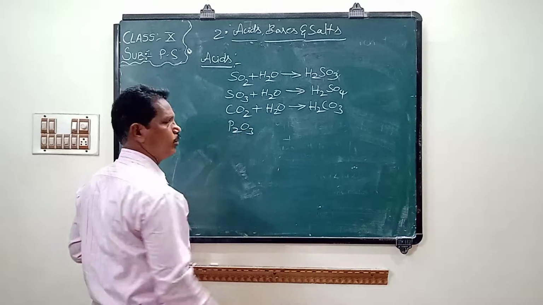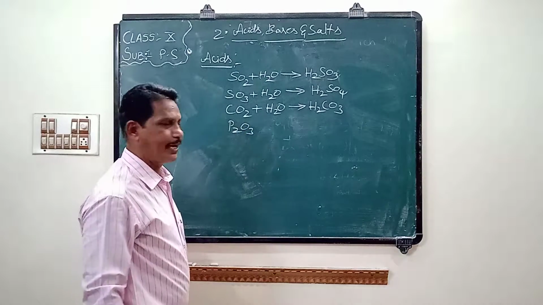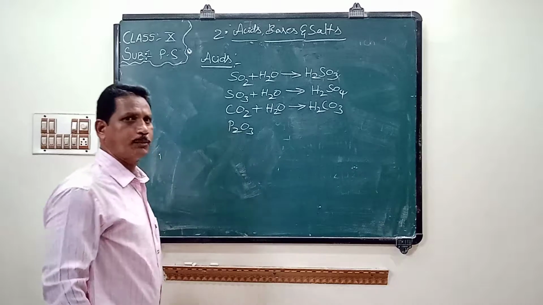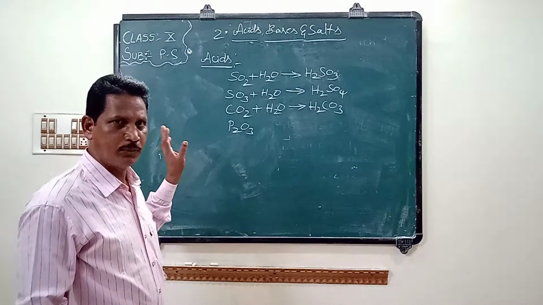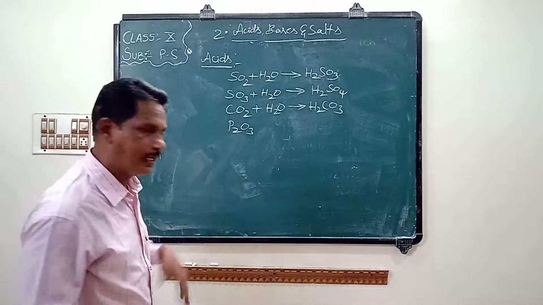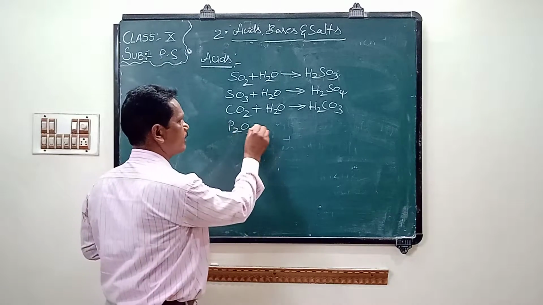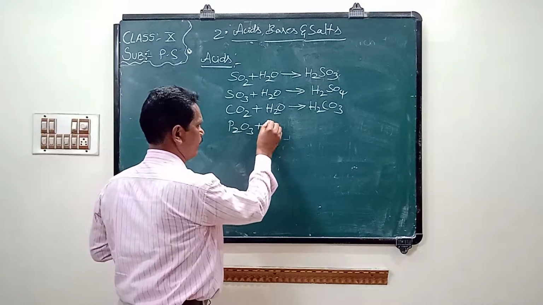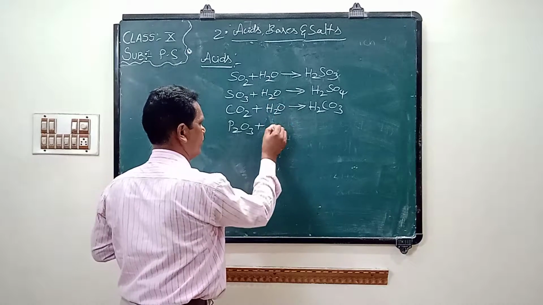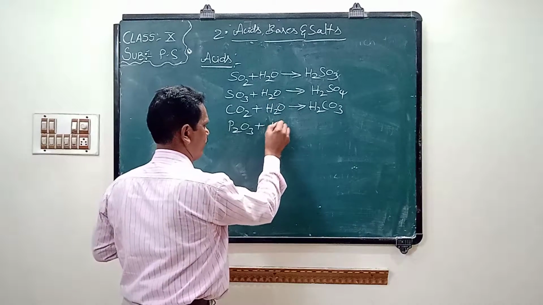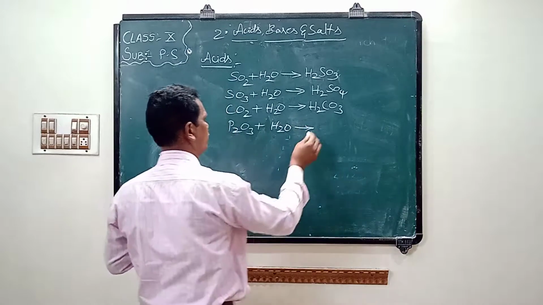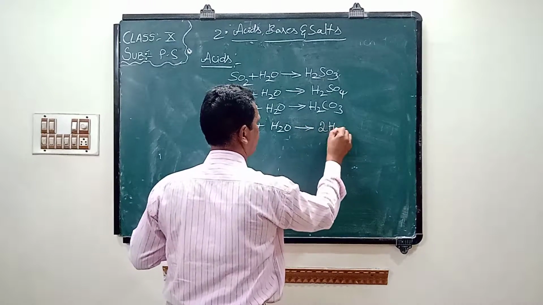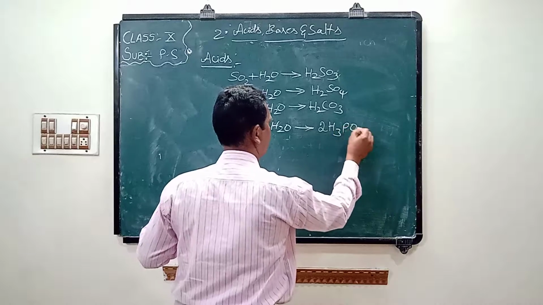P2O3, phosphorus trioxide. Here phosphorus is a non-metal. It reacts with oxygen to form a non-metallic oxide. This non-metallic oxide dissolved in water, H2O, gives rise to 2H3PO3.